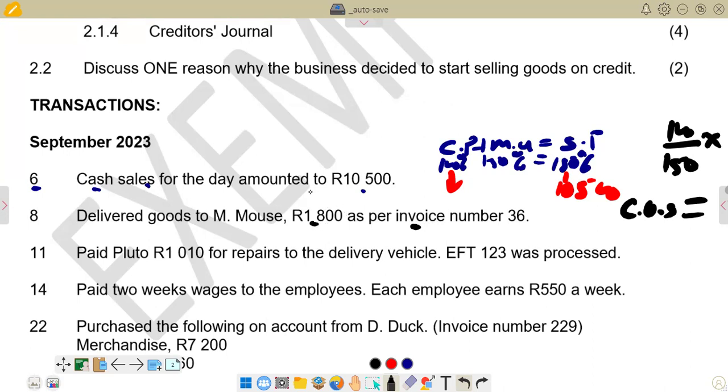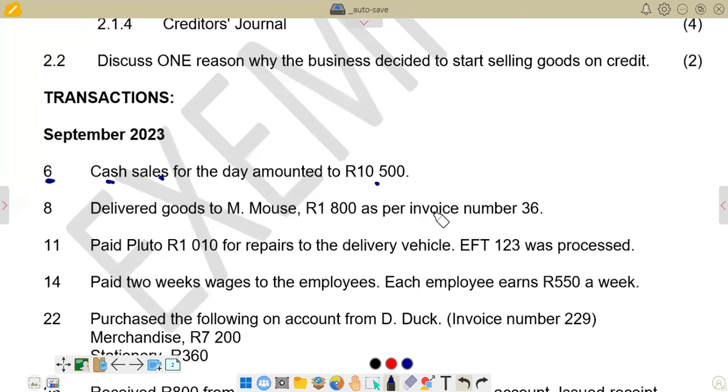And remember, we are delivering goods to a customer, Emmaus. So these are sales on credit. Whenever we sell on credit, the subsidiary book that we are supposed to enter is the debtors journal. So this one is affecting our debtors journal. Let's try to see how we are going to post it there. On your document number, we are going to put our document as 36.